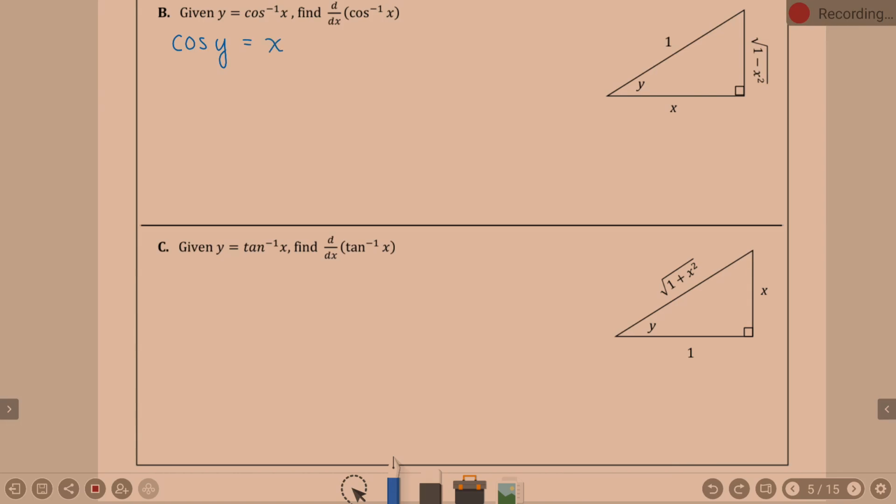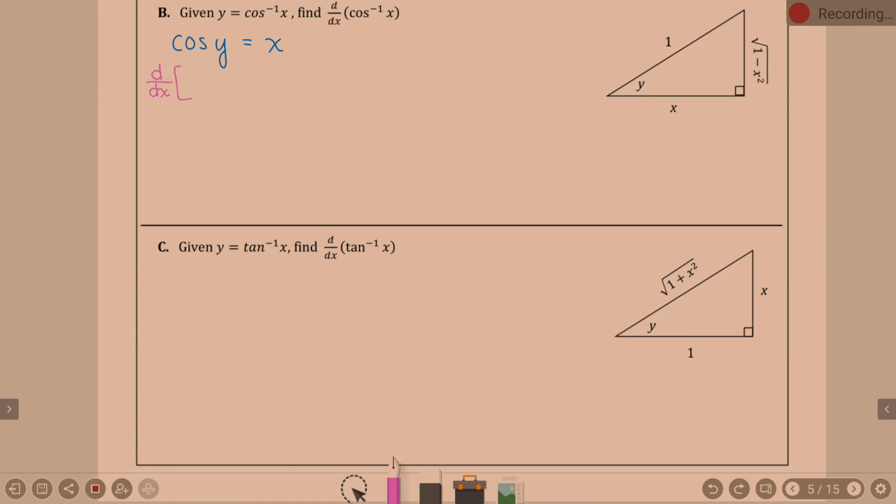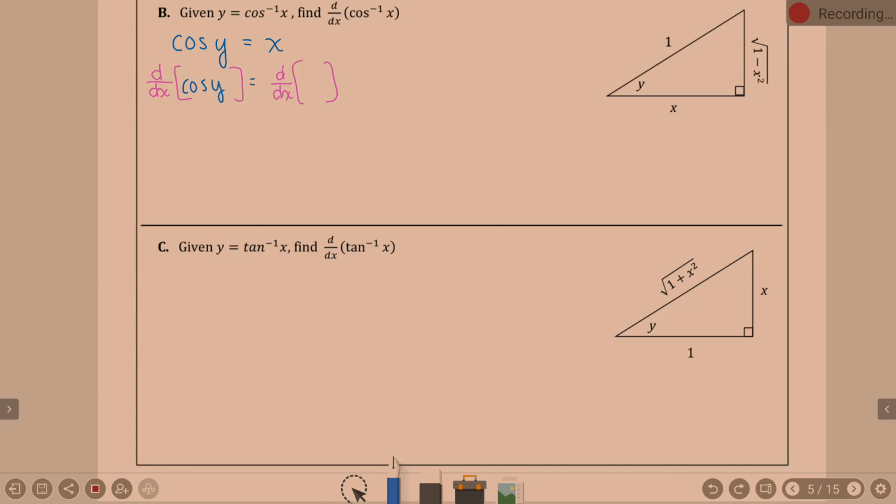True statement? It's the inverse. So x and y, your input and output are switched. We're going to take the derivative of both sides with respect to x. So we're going to do the derivative of cosine y and the derivative of x.